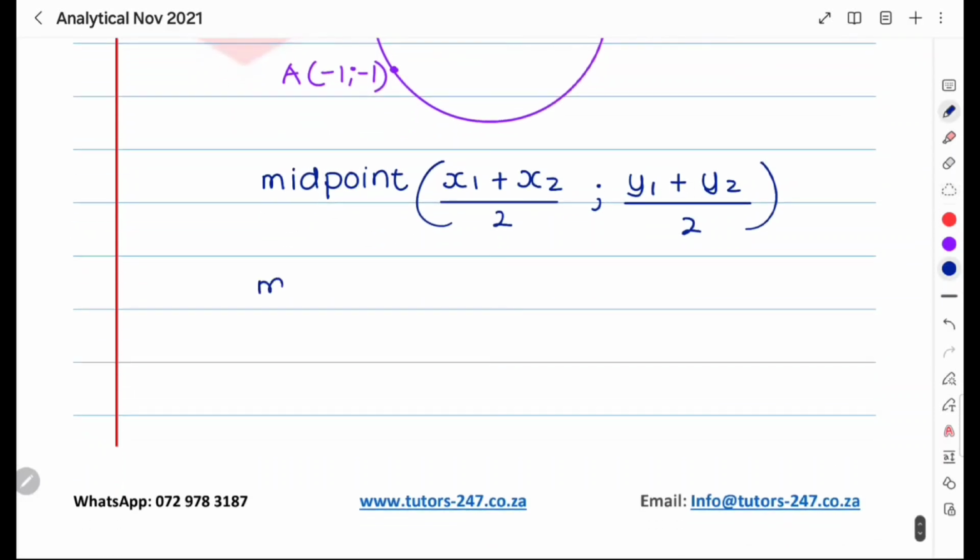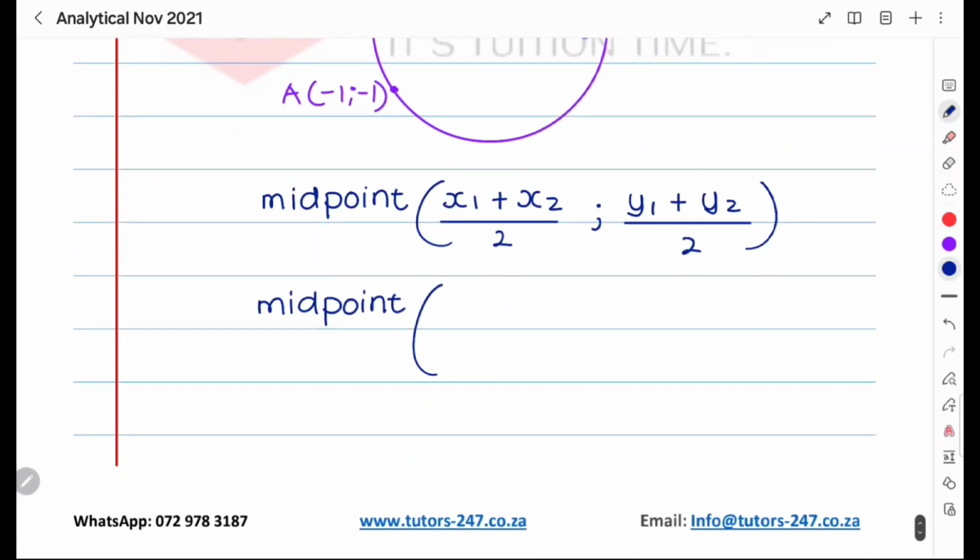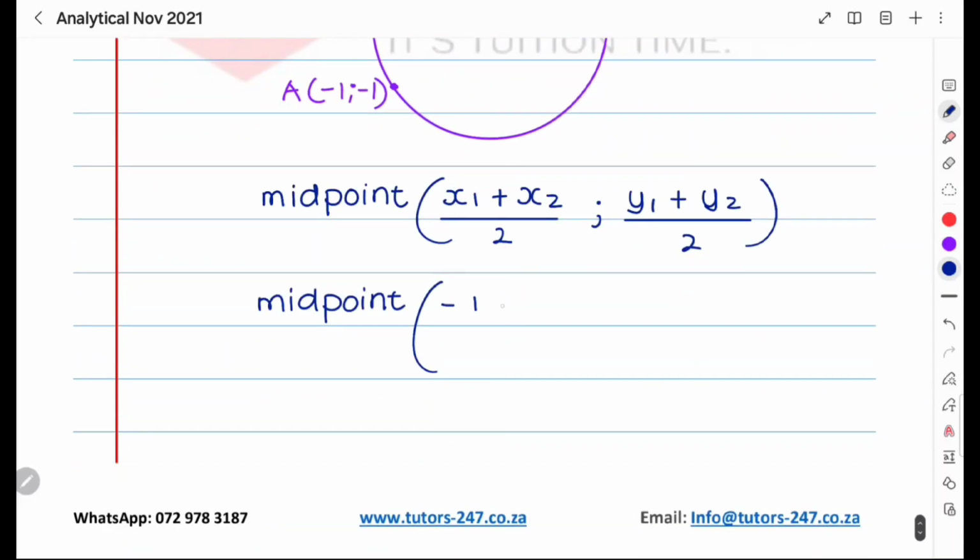So we are going to substitute. That is then going to be -1 plus 3 over 2 and -1 plus 3 over 2.